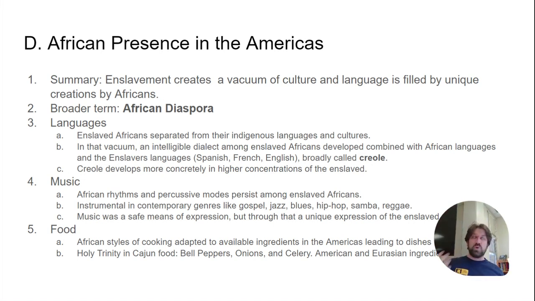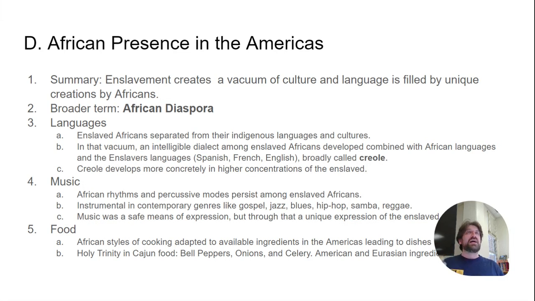One of the most important things that happens is the linguistic developments that occur. Because the motive of enslavement was practical profit motive, there was no attention invested in keeping Africans of a similar culture and language together.